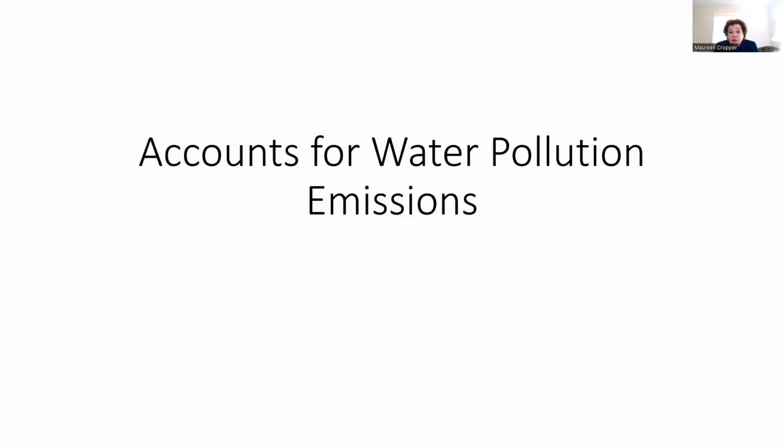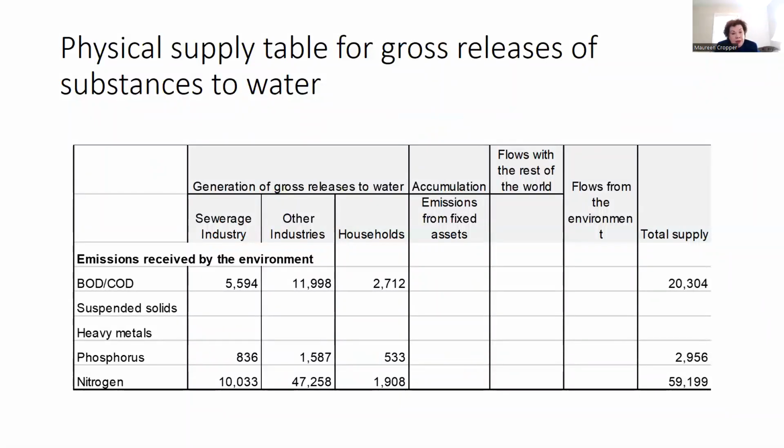Okay, I will move on to accounts for water pollution emissions. So you would need to begin with a physical supply table for gross releases of substances to water. This is a mock-up from a UN document. The numbers are just dummy numbers, so what you want to focus on is the format of the table.